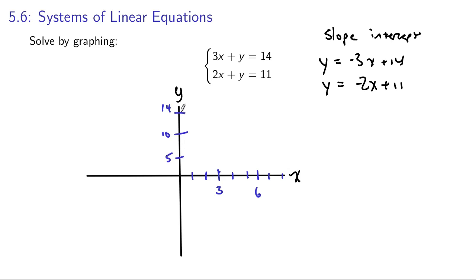So if the slope is negative 3, we fall 3 and run 1. So we're going to come to here, and this is 14 minus 3, 11, and 1. Then we'll fall another 3 to 8, and 2. We'll fall another 3 to 5. At 3, we'll fall another 3 to 2, and then we'll fall to negative 1, negative 4, and so on.